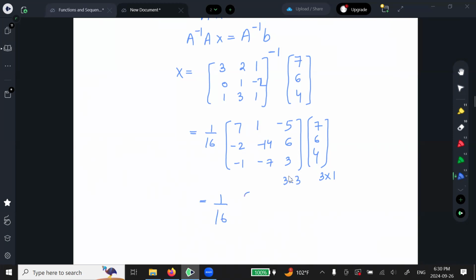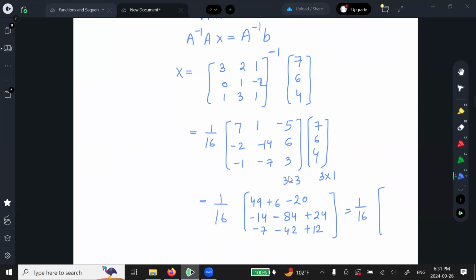Okay, good. So what will I do? I multiply row 1 with column 1. So I get 49 plus 6 minus 20. Row 2 with column 1, I get -14, -84 plus 24. Row 3, column 1, I get -7, -42 plus 12. So what do I get? You can do this math. 40, 36.